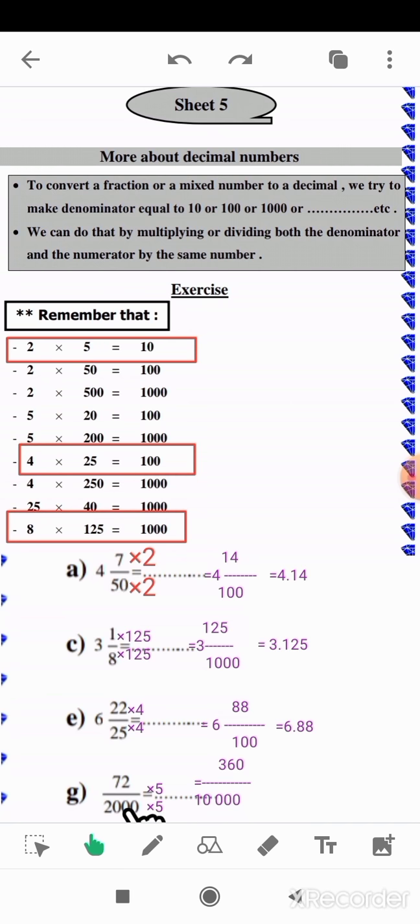And 5 by 2000 will make 10,000. So 0 will take 0, 6 will take 6, 3 will take 0, and the 1 becomes a point. And we can cancel this 0 because it has no value.